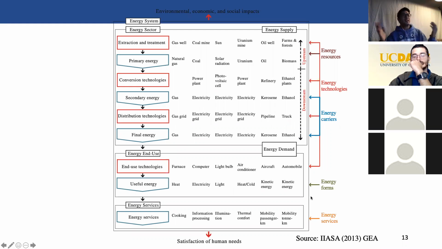This is a high-level schematic, which we'll go into greater detail later on, so that you can see the transformation of primary energy to your final useful energy and the kind of energy services that they're providing.